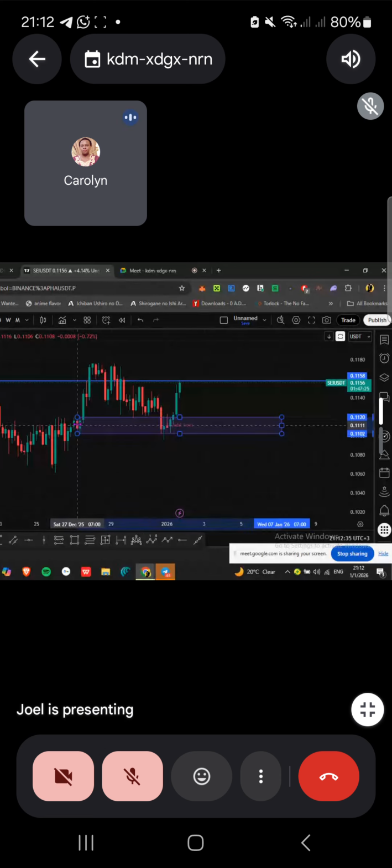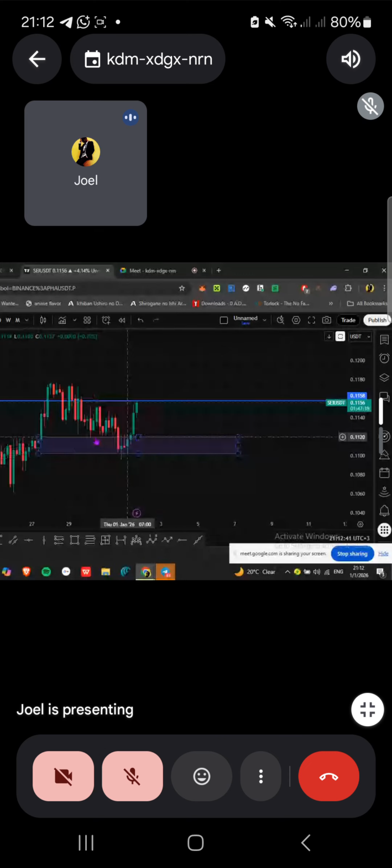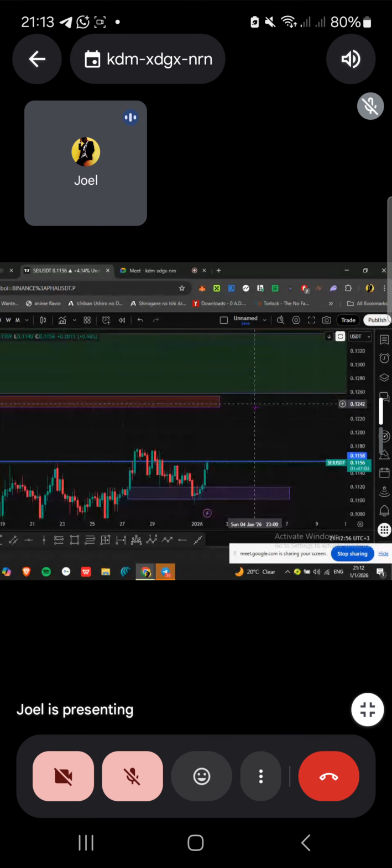Would have marked this point here, and then I wait for price to come back down to it, which it did. Why did price come back here? Oh yeah, because actually there's another thing that I keep on forgetting to tell you guys.